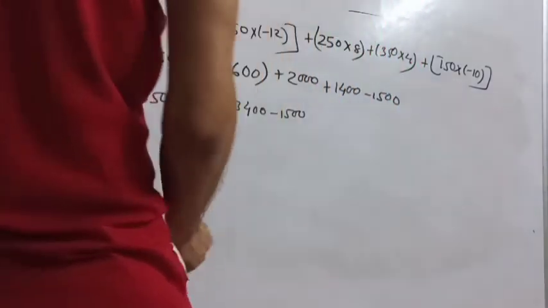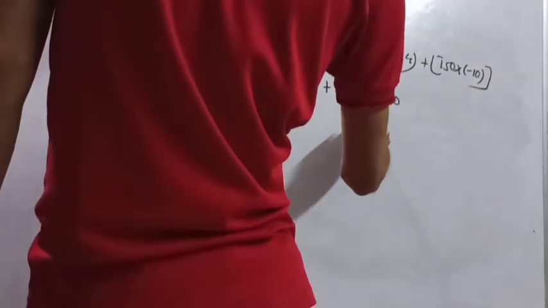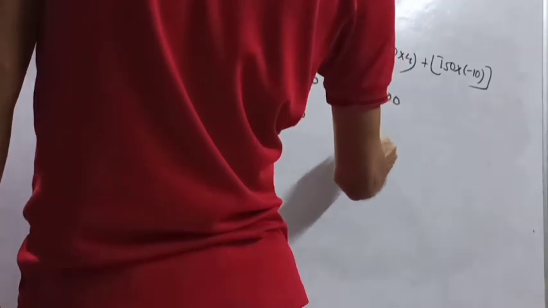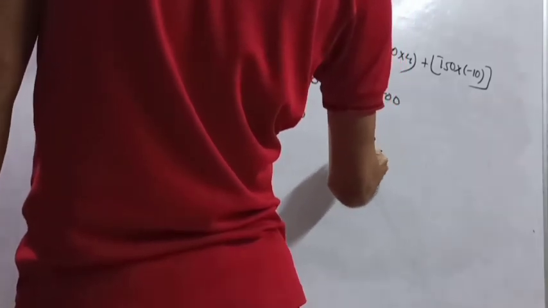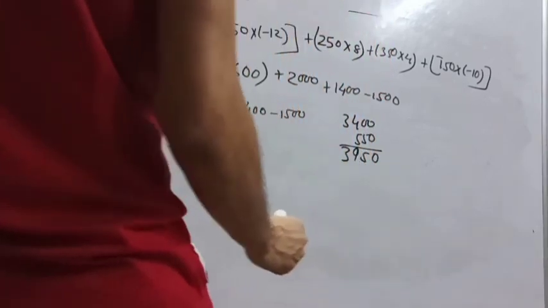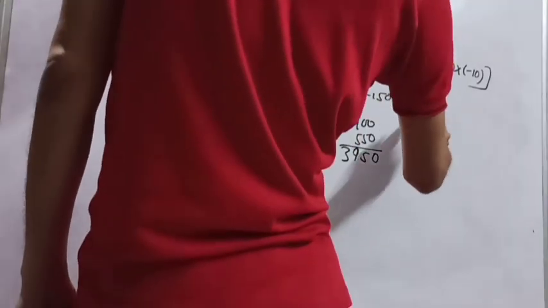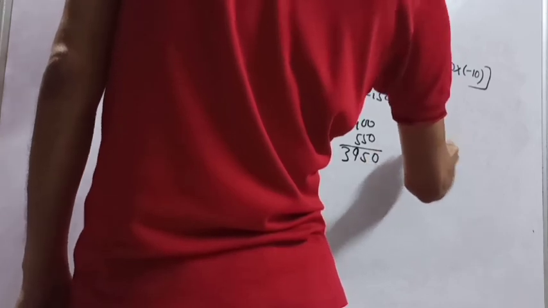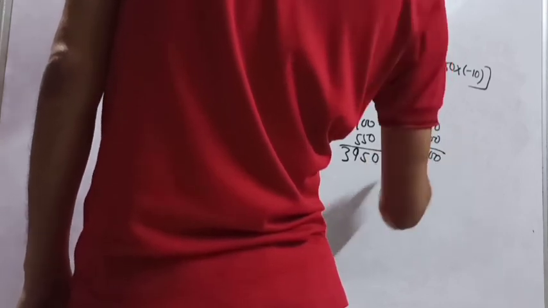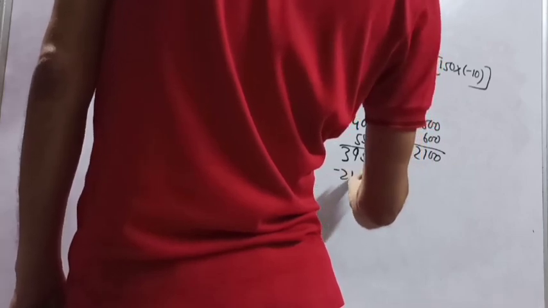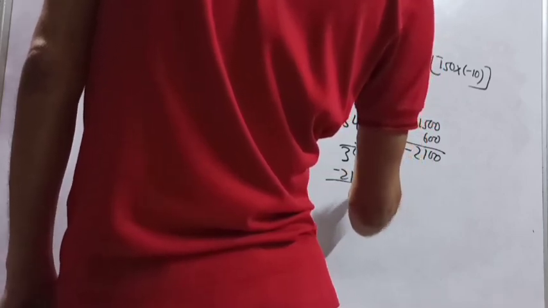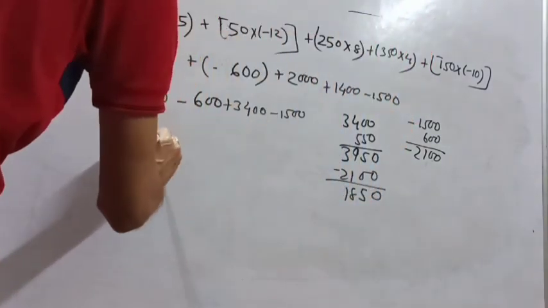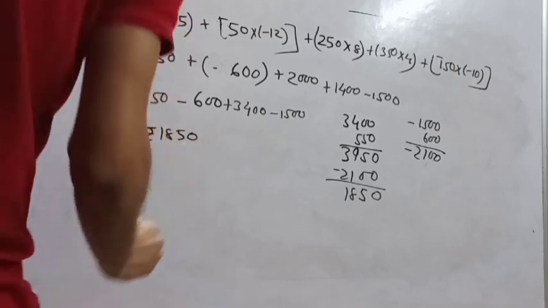Then 3950, then minus 1500, then minus 2100, so rupees 1850, that is I think a gain.